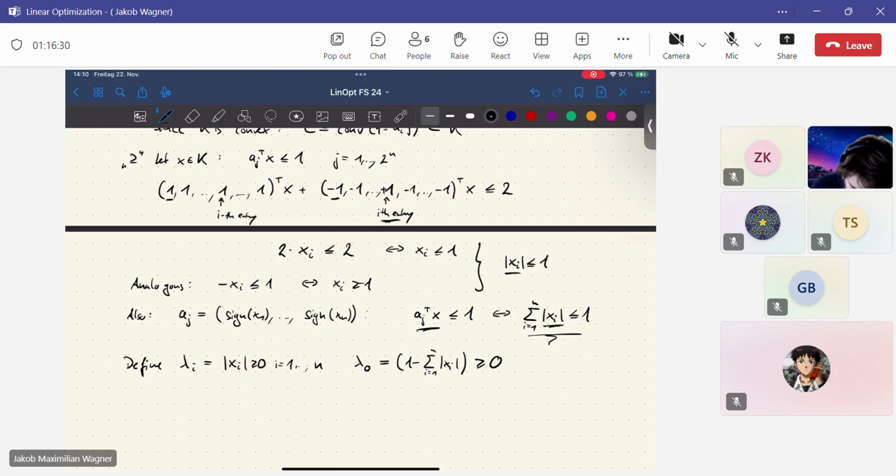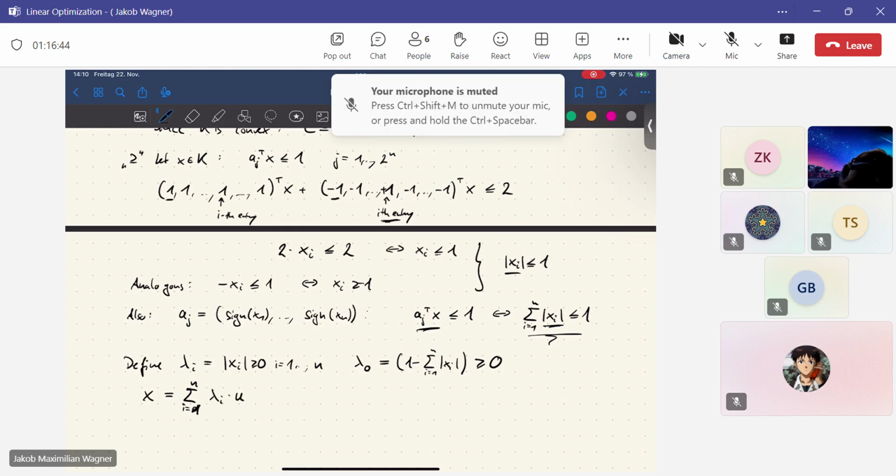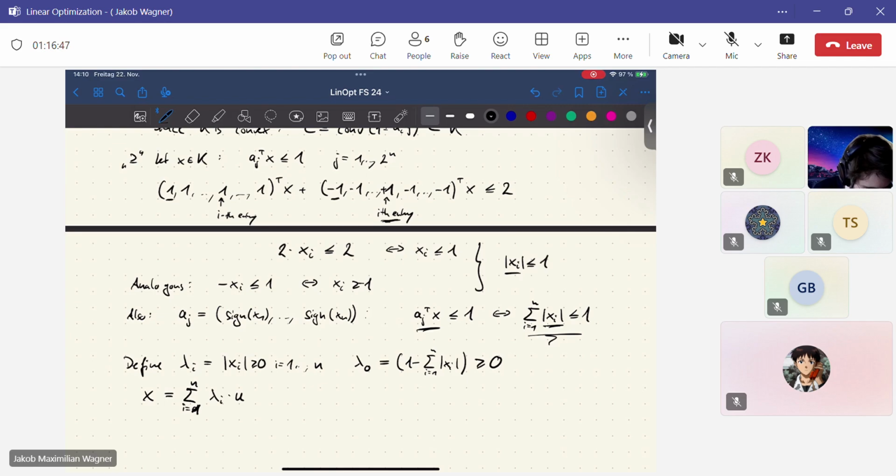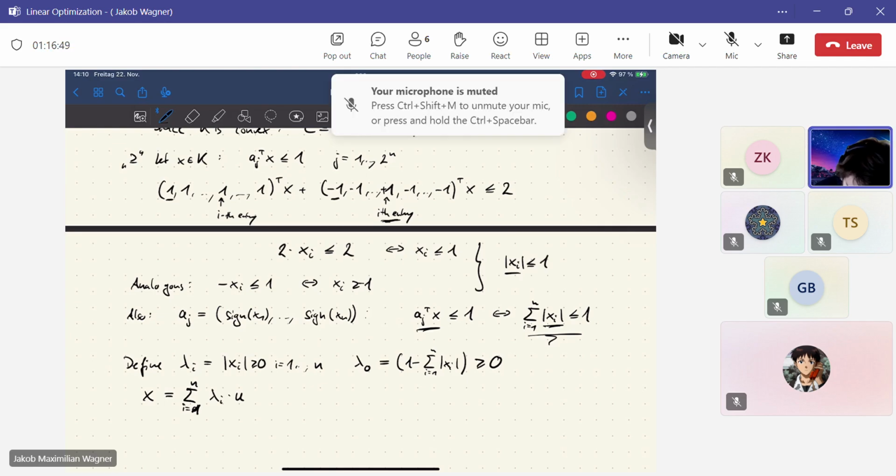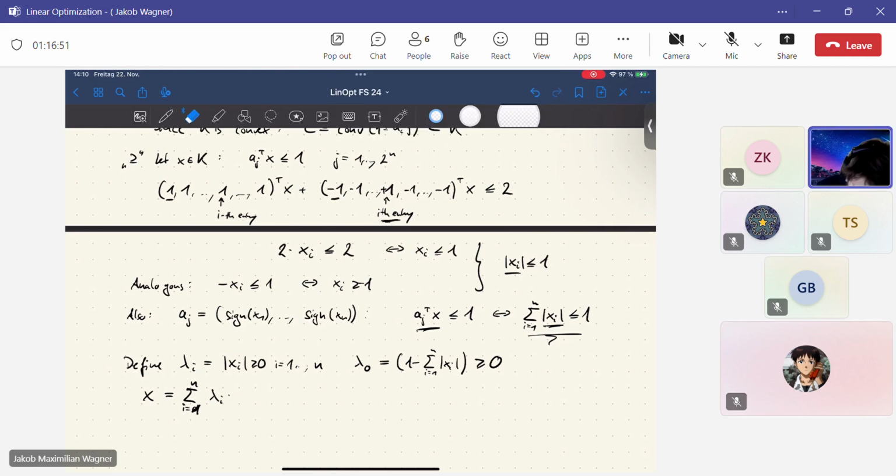And all in all, this means that we can express x as the sum from i now being equal to 0 to n, lambda_i times again a signed unit vector, so sign of x_i times u_i, plus lambda_0 times the 0 vector.